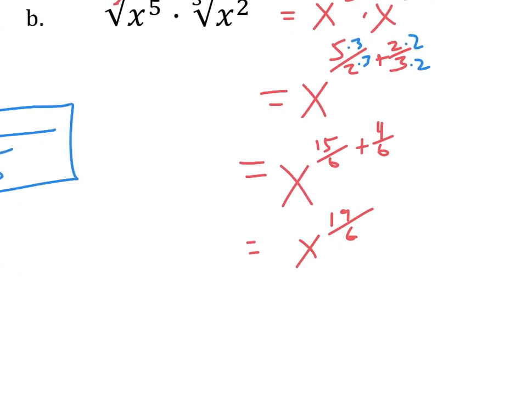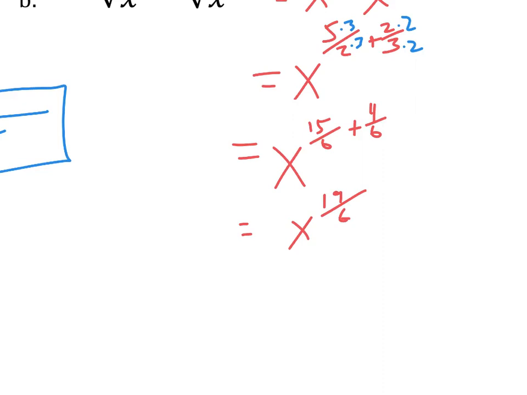Now, we're going to go to radical notation here. And so there's going to be some simplifying. So we can just write it as the 6th root of x to the 19th. We need to simplify that a little bit. Can 19 be divided by 6?